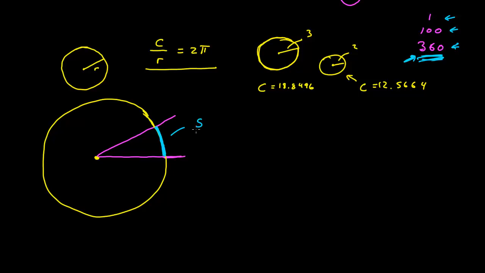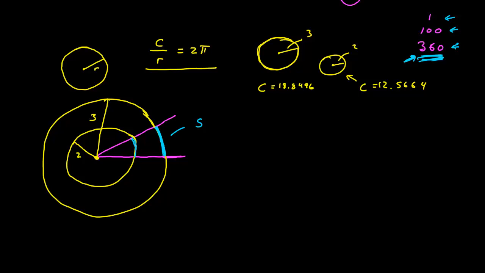You can ask, what length is that length s? At the moment, I might not know. But if this is at a radius r, let's do this example. This is a radius of 3 meters. I can draw another circle here with a radius of 2 meters.